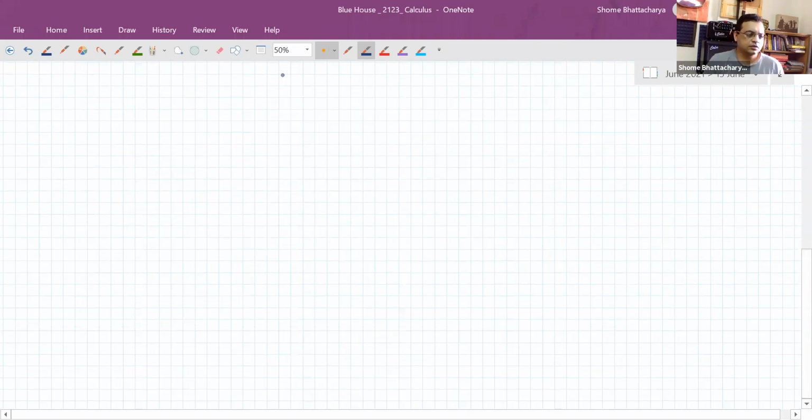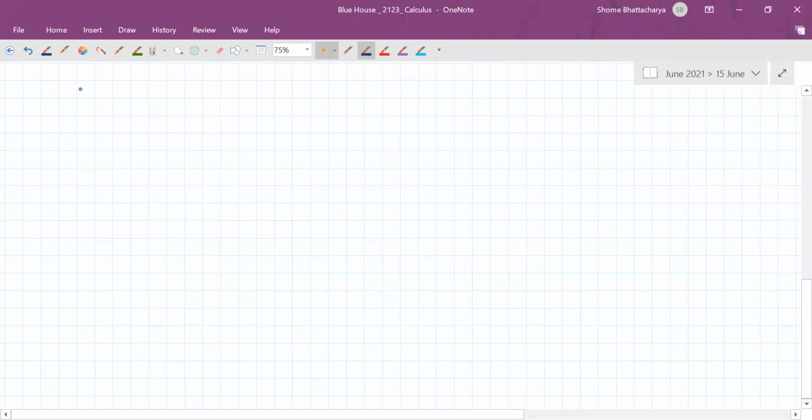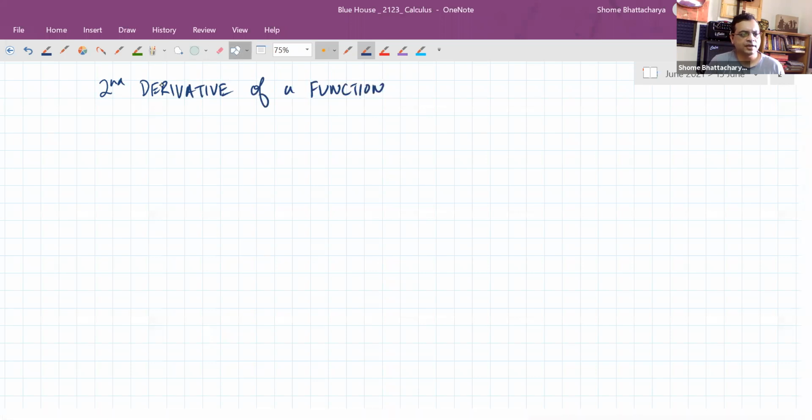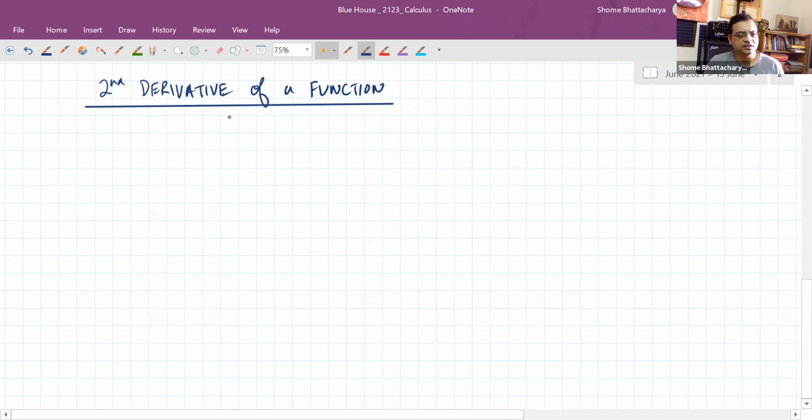Now we will see another application of differentiation. And that is something called, you might have heard about this, the second derivative of a function. And we'll see how this analysis of the second derivative helps us in analyzing maxima and minima. So what is the second derivative of a function? It is literally rate of change of rate of change. Okay.